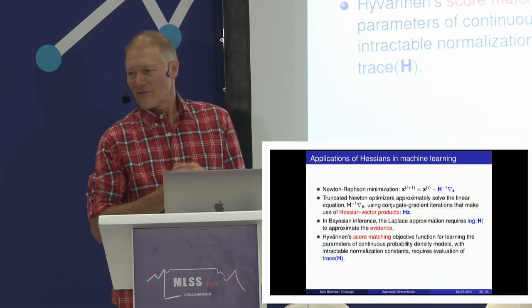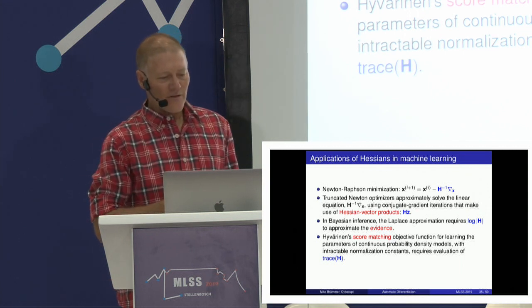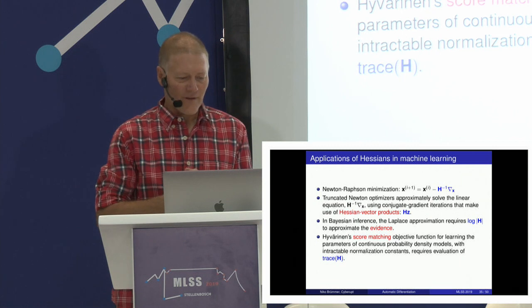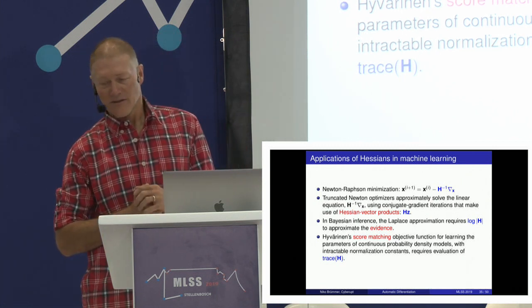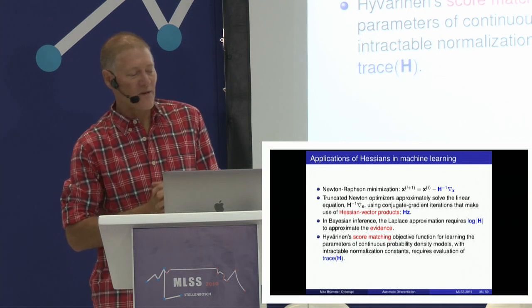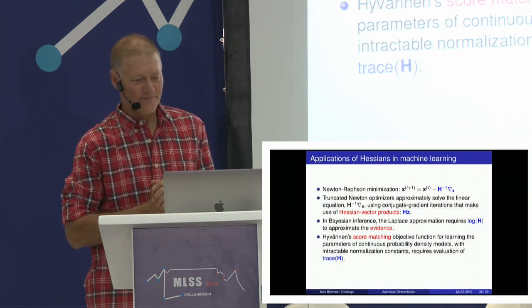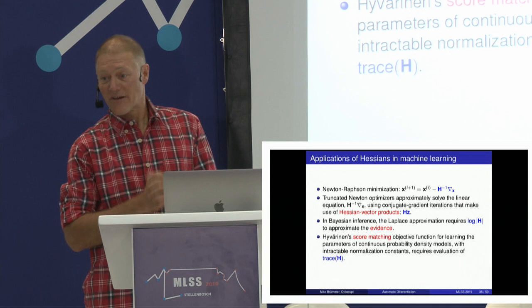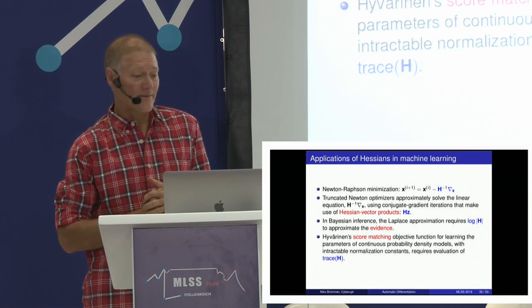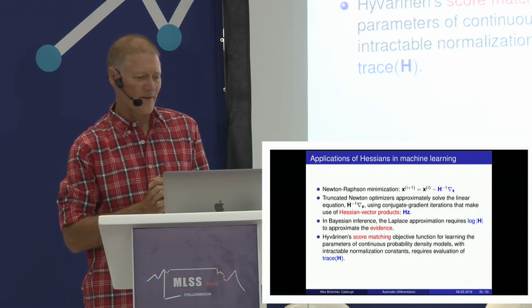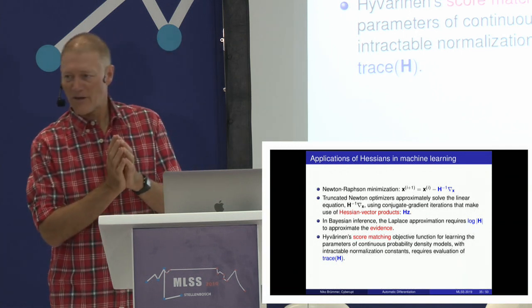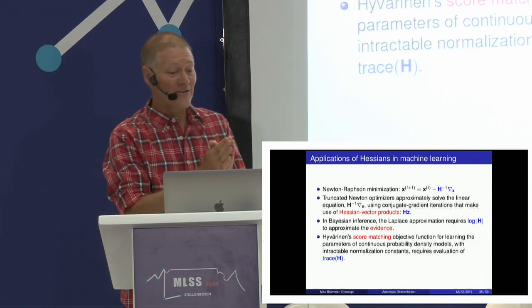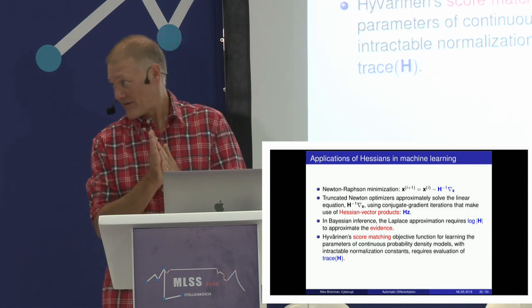You can train a non-normalizable probabilistic model by going down the gradient of that optimization criterion. To do that, the hard part is you need to calculate the trace of the Hessian matrix.